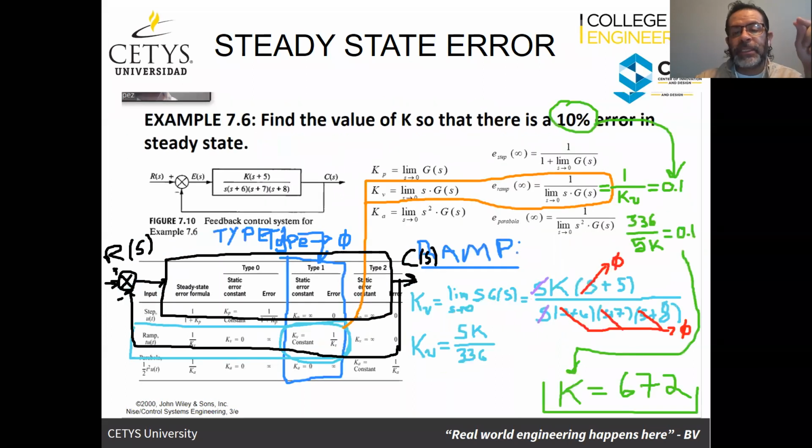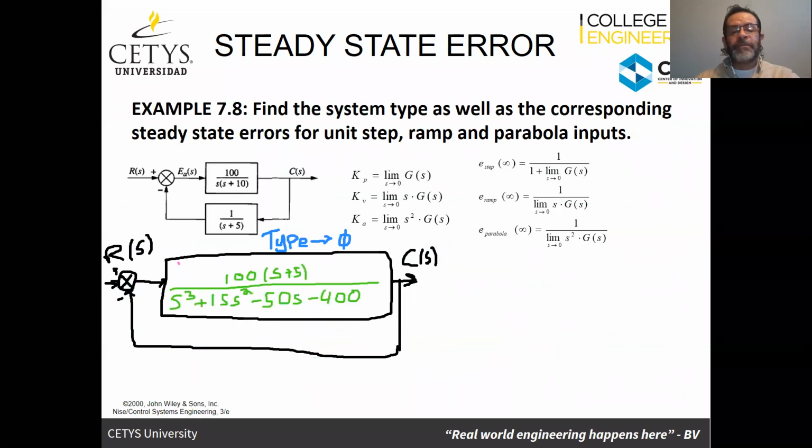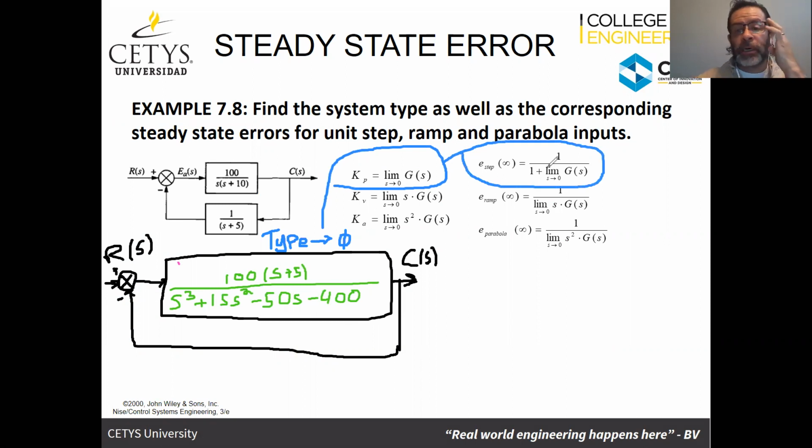The same thing happens here. Since it's a type 0 system, we only need to calculate this one. The only error that's going to occur, a constant error, is for the step. The rest of them are going to be 0.